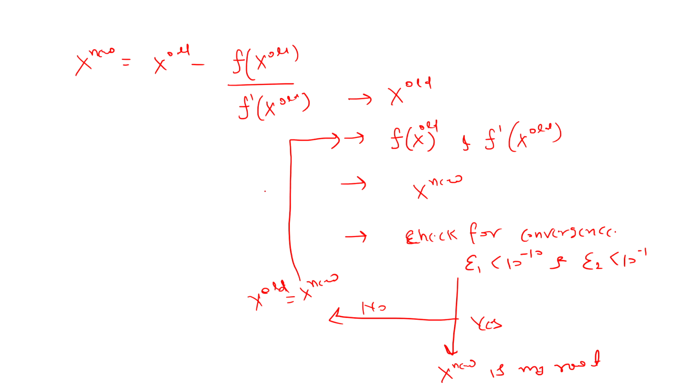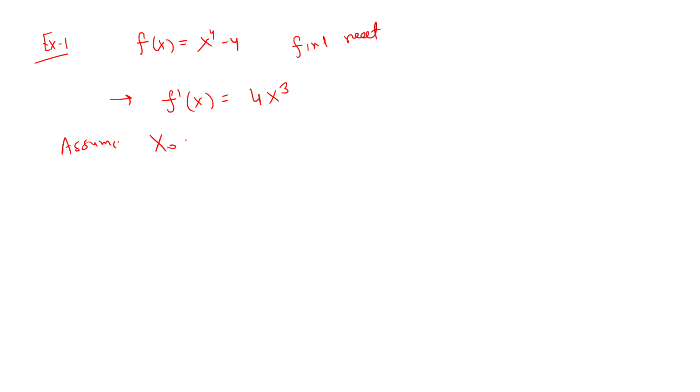I'll take one example of this. Example 1: f of x is equal to x to the power 4 minus 4, and I want to find the root of this. First let us calculate f prime x. That will be 4 times x cube. Now assume x naught is 1.